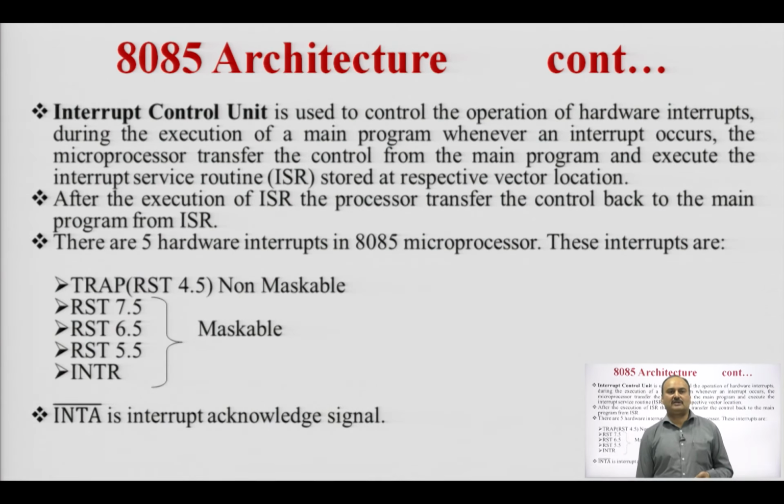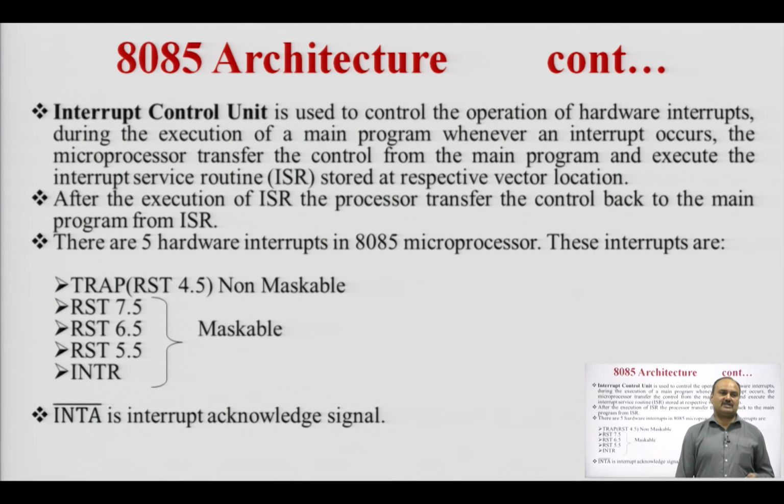The interrupt control unit consists of the hardware interrupts, which are non-maskable and maskable. To control the activity of these hardware interrupts, the control unit will provide control signals which control the operation of the interrupts, that is TRAP, RST 7.5, 6.5, 5.5, and INTR are the interrupt signals.